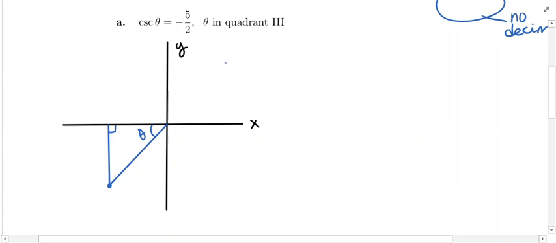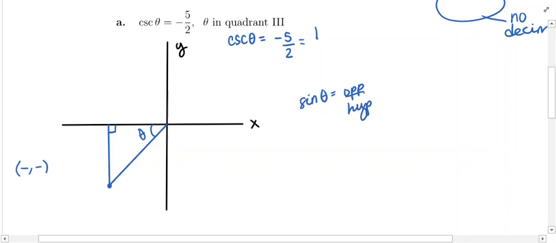Now it's time to label sides. We know the value of the cosecant, so we're going to use that to label sides. Remember, in the third quadrant, x is negative, as is the y value. Cosecant, what is that? Sine is the opposite over the hypotenuse, so if you flip that, you get the cosecant: the hypotenuse over the opposite side. So you can equate across the fractions.